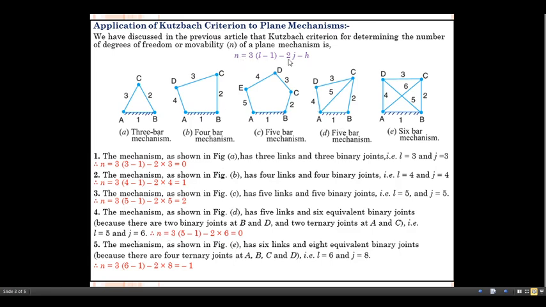Just substitute the values in the given equation. So here we get n equals 3, L is 5, (5 minus 1) minus 2j, the number of joints with us is how much? 6.